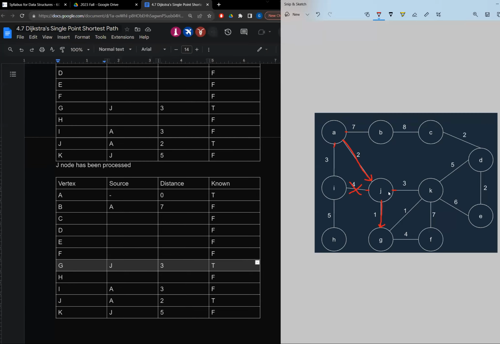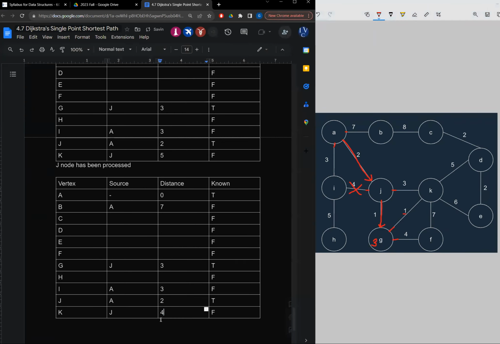So we're at G, and we have a couple of edges to process here. G gets us to K for 1, plus the additional cost to get here. As referenced, it took us 3 to get to G. So that is an improvement over the existing data.